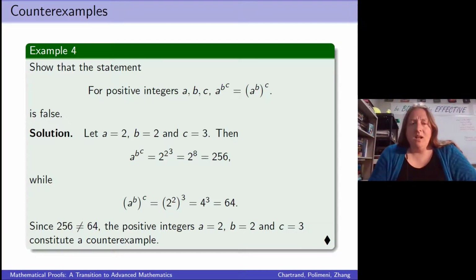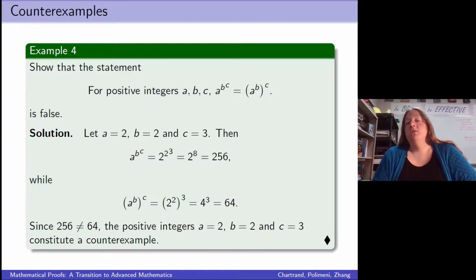So let's take a look with that in mind and see why these two things are different. So let's consider an example of a being 2, b being 2, and c being 3. Now, when you're trying to decide where to start with counterexamples, I highly encourage you to take a look at the structure you're working with.